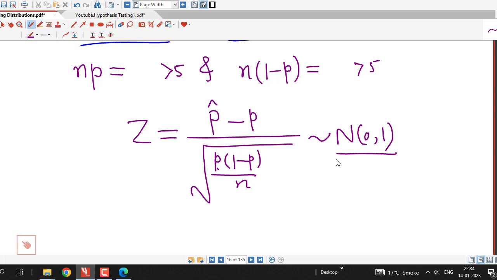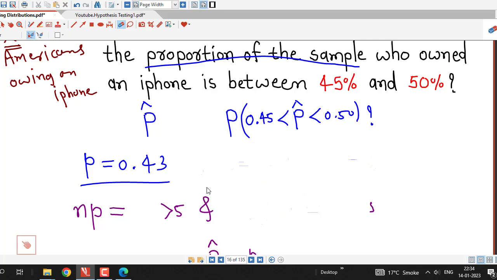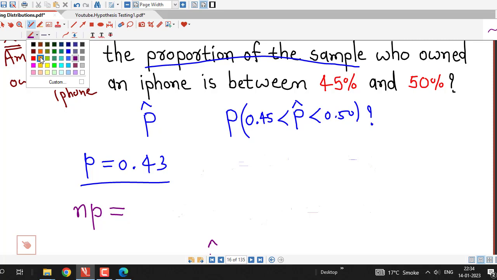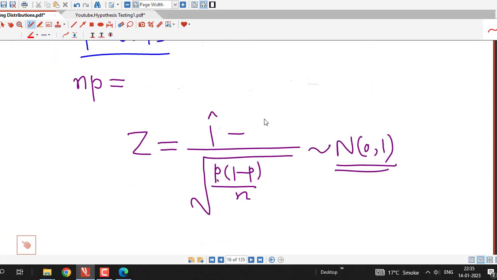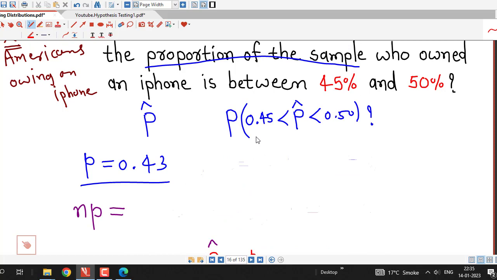So using the cumulative probability table of the standard normal random variable, we can decide this probability. We will convert this probability into a standard normal probability.